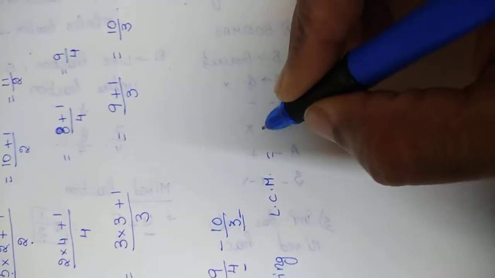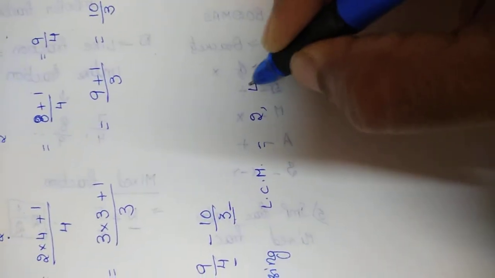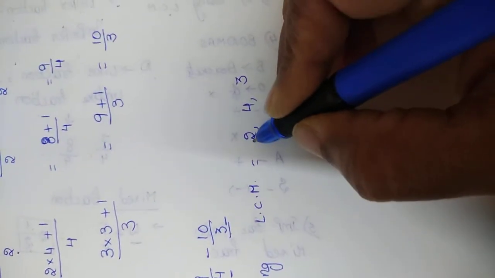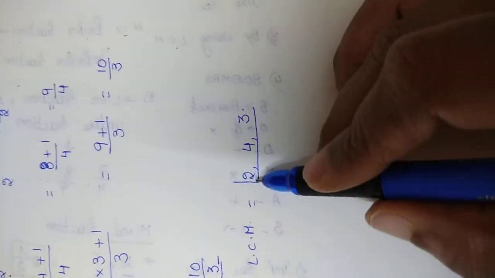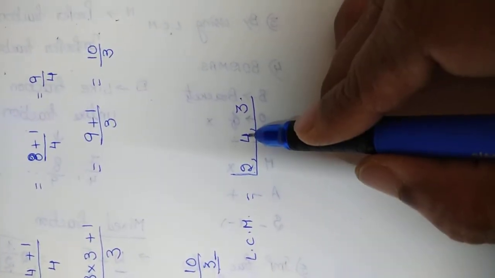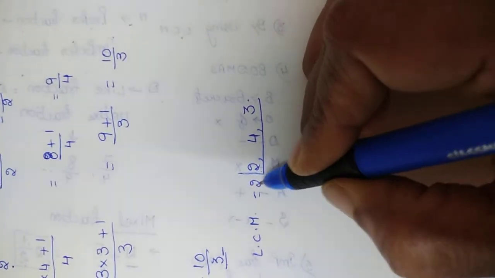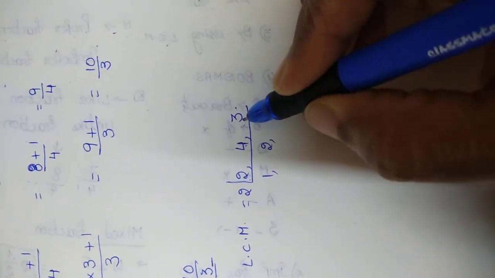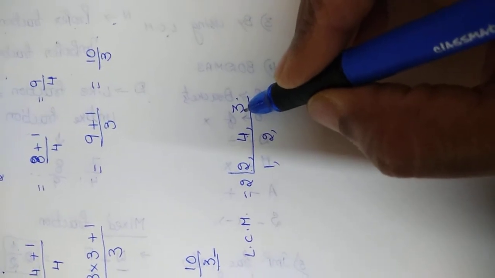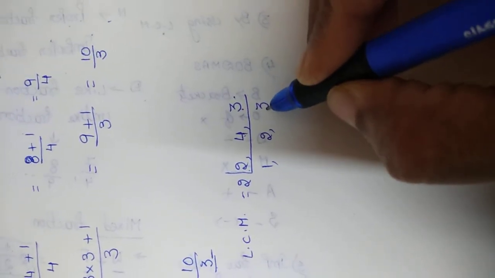I'm going to use the LCM short division method. So this is the short division method of LCM. 2, 4 and 3. As we all know, 2 and 4 are multiples of 2, so I am going to take the 2 table here. 2 1s are 2, 2 2s are 4. And 3 will not come in the 2 table, so I am going to write this number as it is.